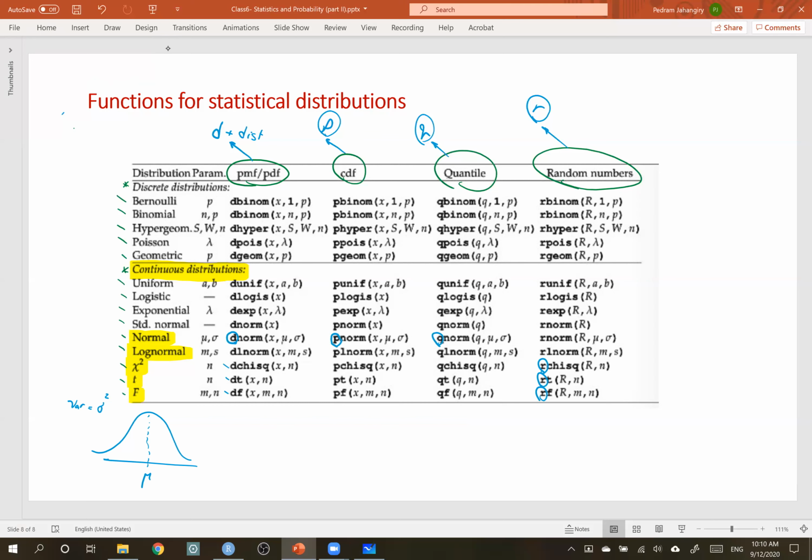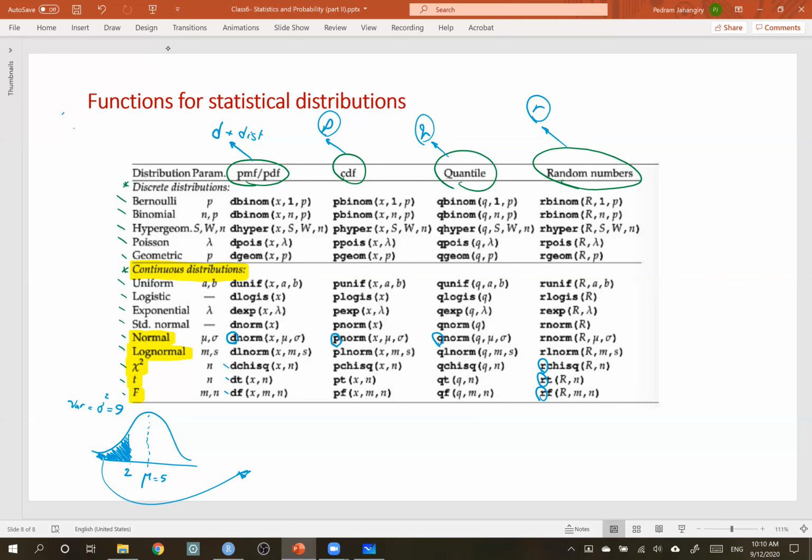If you want to calculate, let's say this area, what is this shaded area? This is the CDF. Let's say this is mu. I don't know, mu is 5, and here we are talking about the number 2, and my variance is, let's say, 9. Okay. How can I calculate the area to the left?